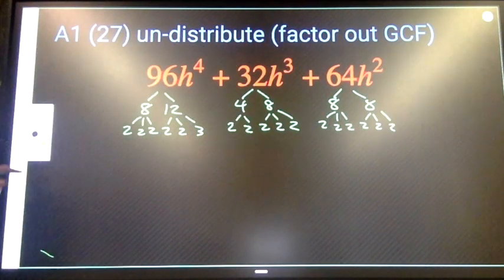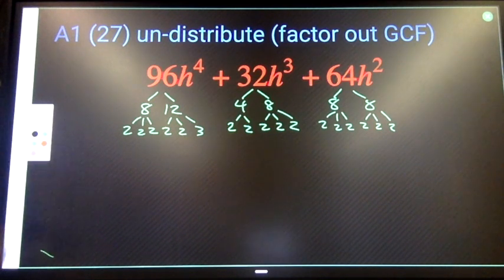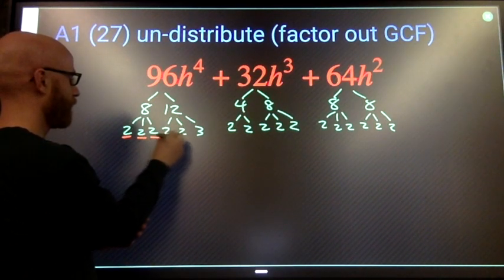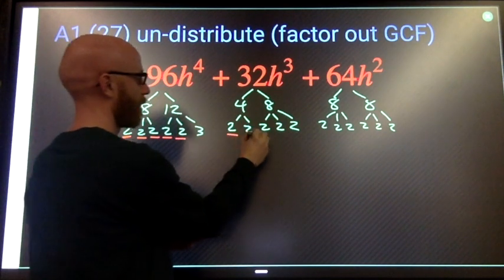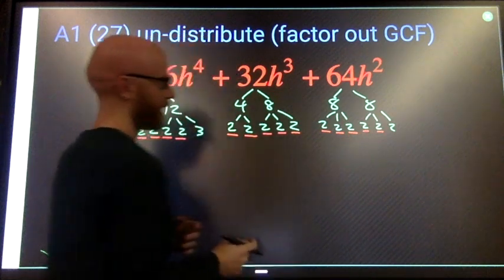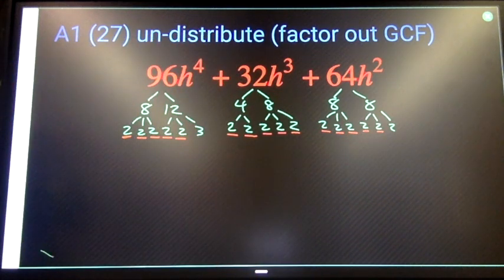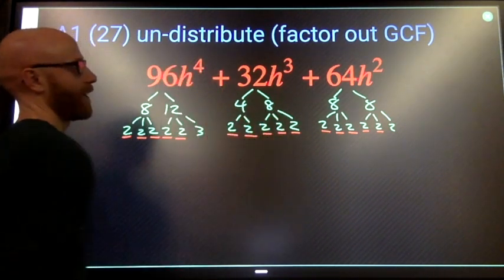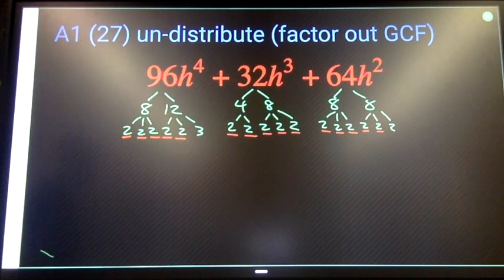Okay, factors that they share. They share a lot of 2's. We have 1, 2, 3, 4, 5 2's here, 5 2's there, 5 2's there. So 2 times 2 times 2 times 2 times 2, which is 32, is the GCF.